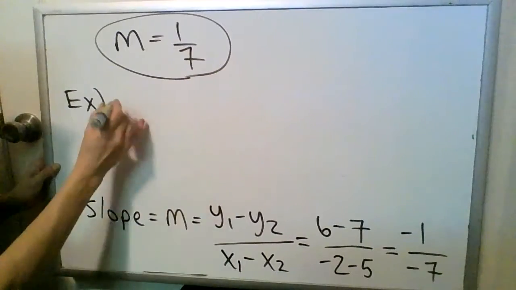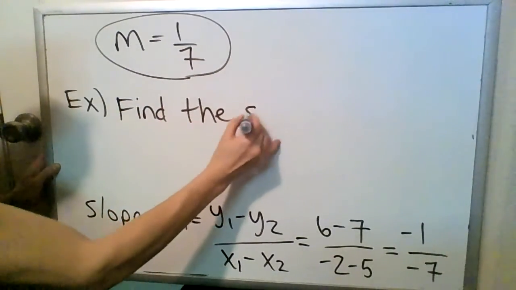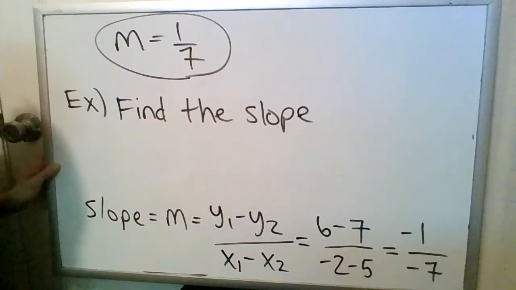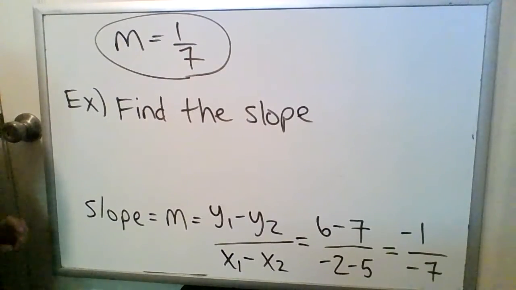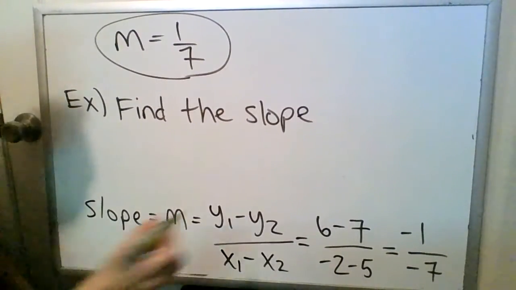Find the slope of the line that goes through 0, -12, and -2, 4.